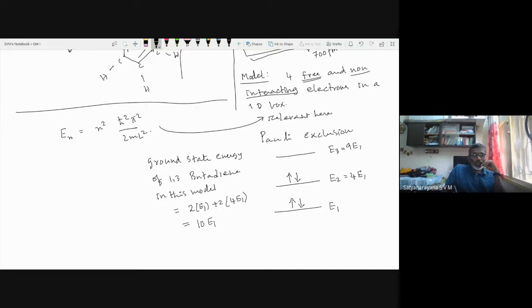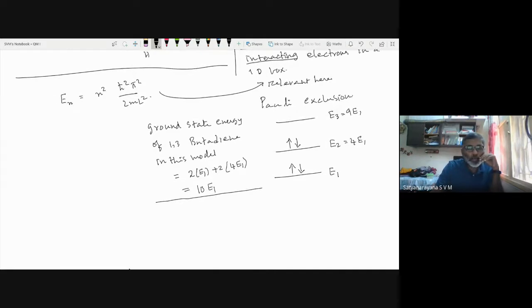Now, is there an experiment where we can check the ground state energy? Maybe that is difficult. But how do we know whether this model is correct for this molecule or not? Now you say that you supply some energy to the system. What excitation can take place?